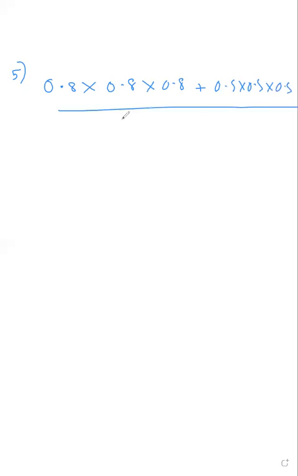The fifth question, evaluate 0.8 into 0.8 into 0.8 plus 0.5 into 0.5 into 0.5, the whole thing upon 0.8 into 0.8 minus of 0.8 into 0.5 plus 0.5 into 0.5. Think and solve this.